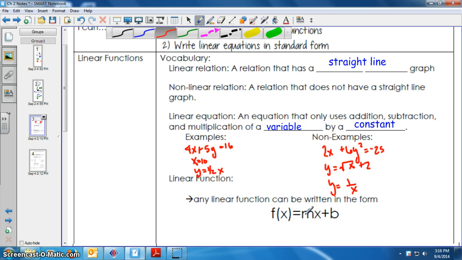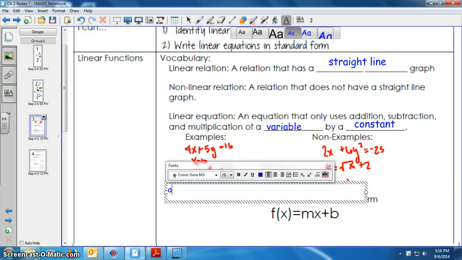So a linear function: the definition of a linear function is a function with ordered pairs that satisfy a linear equation.